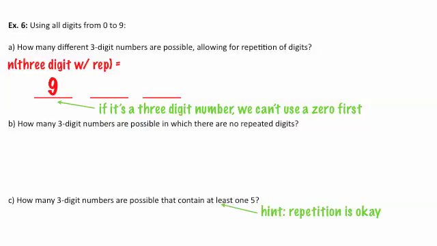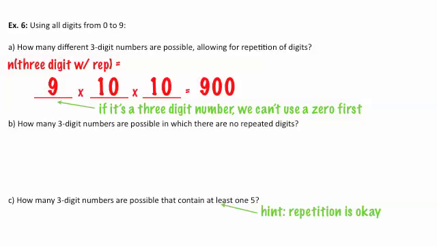So we only have 9 choices. If we're allowing for repetition, how many choices would we have for the second number? Because now we can use 0, we have a full 10 choices. And likewise for the third. So we have a total of 900 numbers that have 3 digits using the digits 0 to 9.